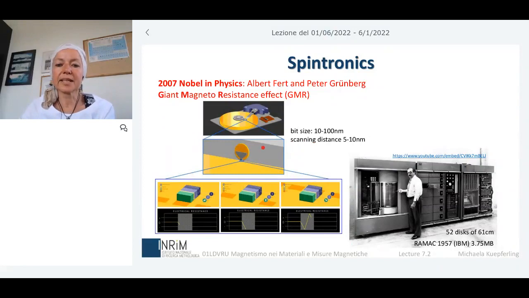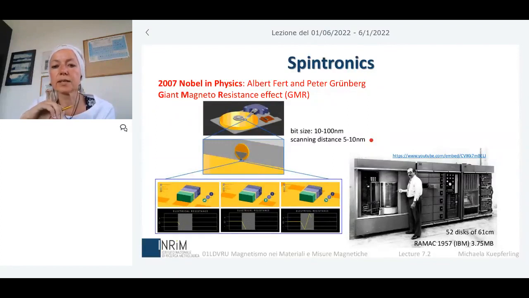Instead, now we have a bit size of 10 to 100 nanometers. And what I always like to mention here is that the scanning distance of the read head above the magnetic film is about 5 to 10 nanometers. I really think this is impressive, because you need very well stabilized mechanics in order to do that.